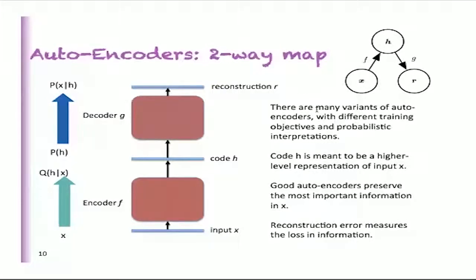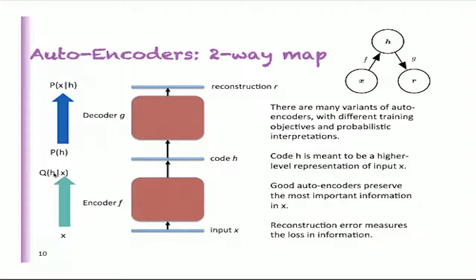Now, there's a lot of variety of autoencoders, and sometimes the mapping from input to representation is just deterministic, so it's just applying some fixed computations. And sometimes it is stochastic, so that's why on the slide you could see some symbols here representing conditional probability distribution. So you could say the code is somewhat random.